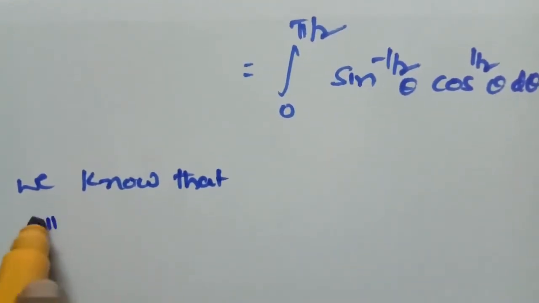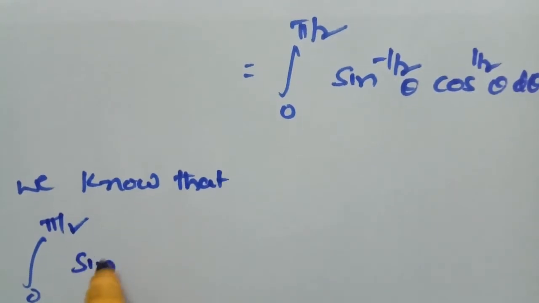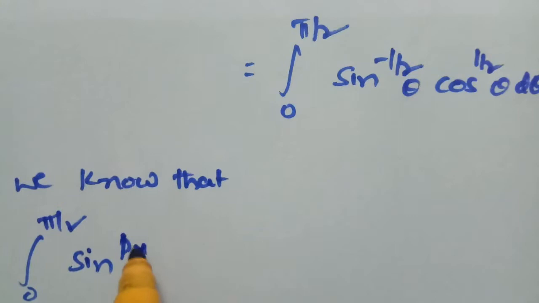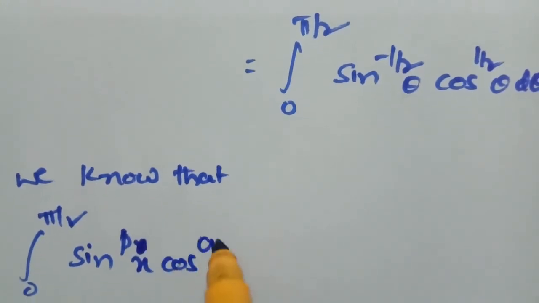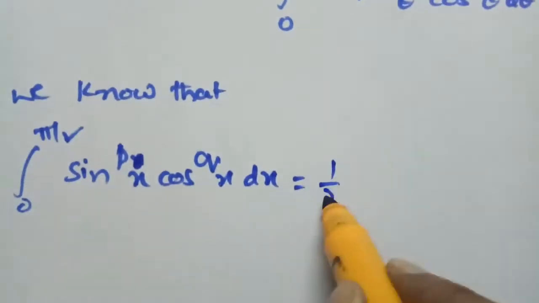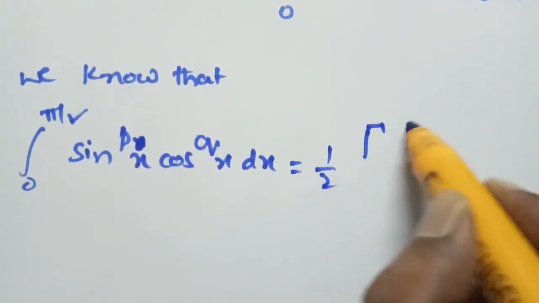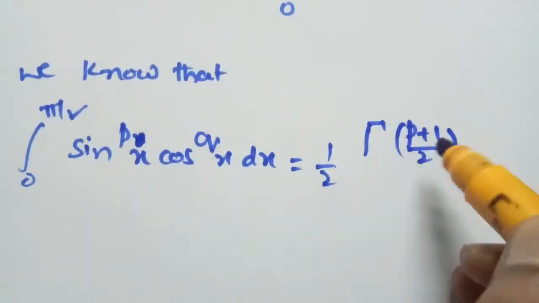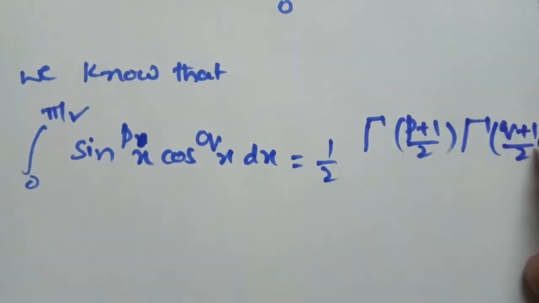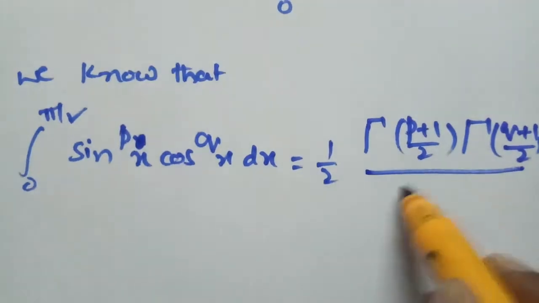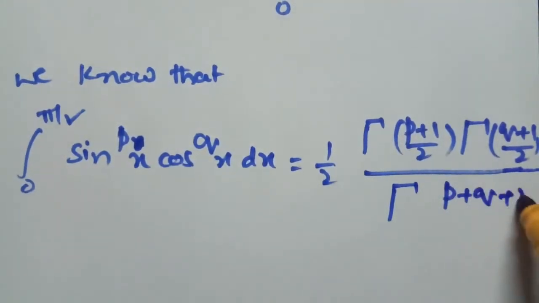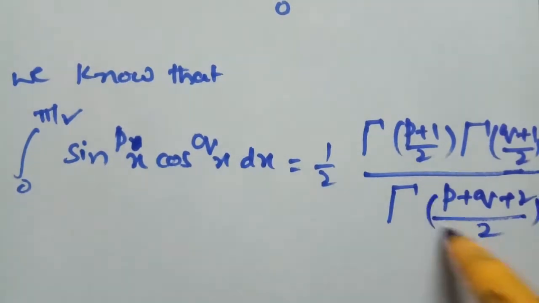integral 0 to pi by 2 sin to the power of px into cos to the power of qx into dx is equal to 1 by 2 gamma p plus 1 by 2 gamma q plus 1 by 2 by gamma p plus q plus 2 by 2.